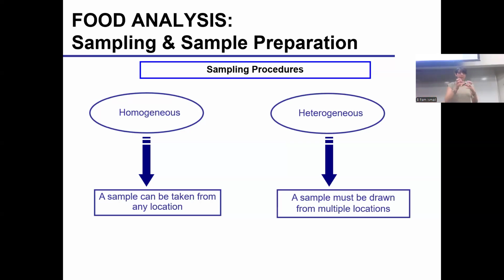So different components of the food is distributed unevenly. So this way you would have to take samples from multiple locations. But often what you would do is make sure before you do any analysis, take your sample that you collected from multiple locations, make it a composite, and homogenize it.